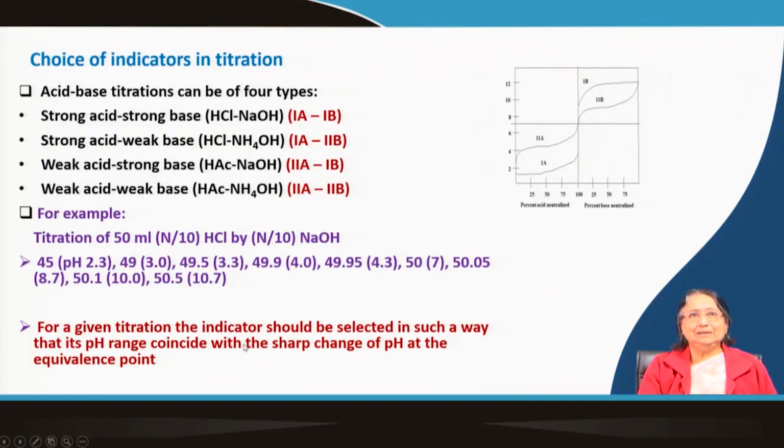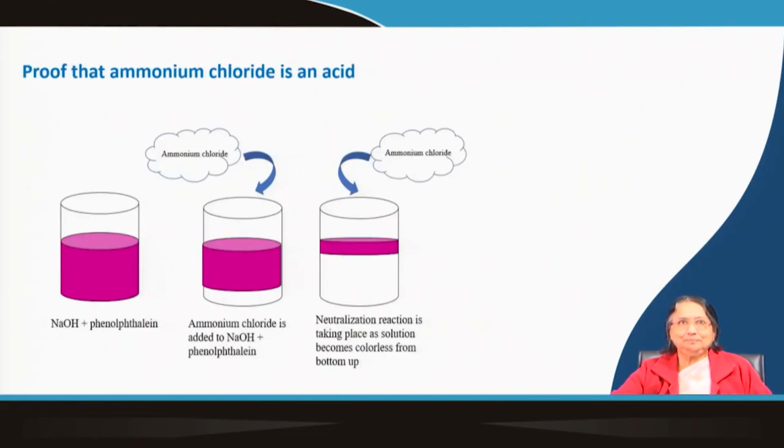So, it is your job to choose. There are so many options. Depending on which titration you are doing, you have to select the proper indicator, otherwise you cannot do the titration. This is very important. For indicator selection, you have to think a lot. But obviously, it is acid base titration, it is not another type of titration. Whatever I have discussed is acid base titration.